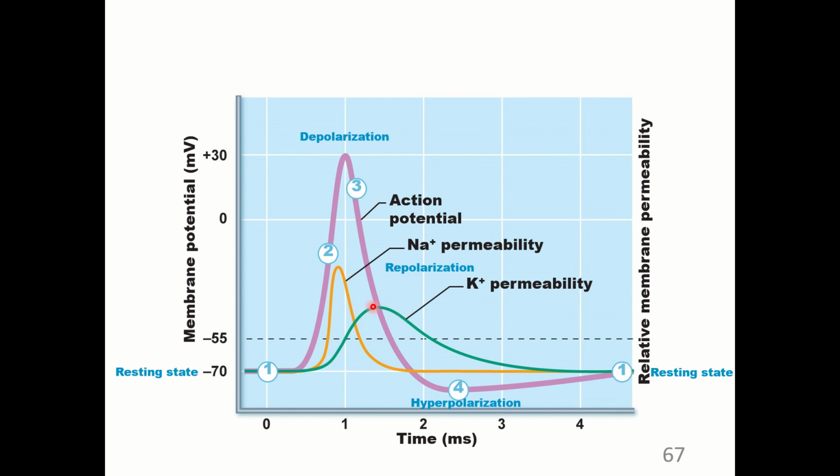Potassium is leaving the cell, and that loss of positive ions is going to bring us back to our negative membrane potential. We're going to continue to lose potassium though and hyperpolarize. This signals the potassium channels to close. And through the sodium-potassium pump and leakage channels, we will reestablish our resting membrane potential of negative 70 millivolts.